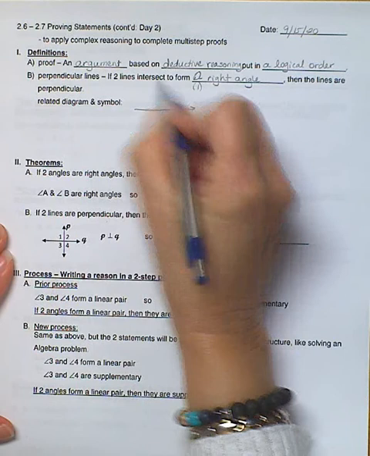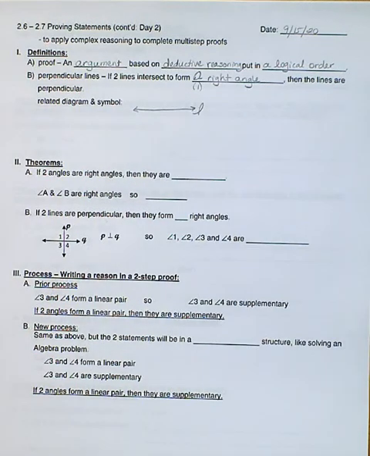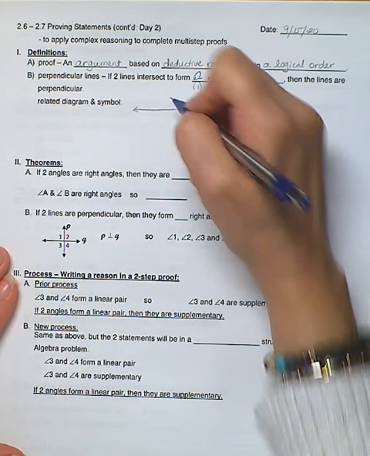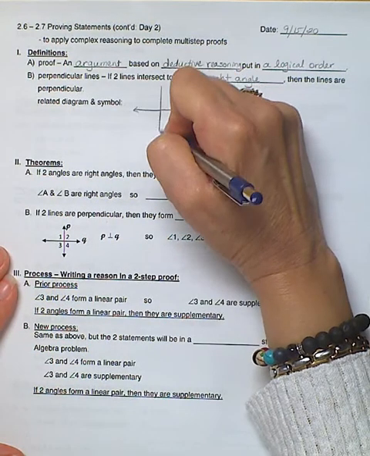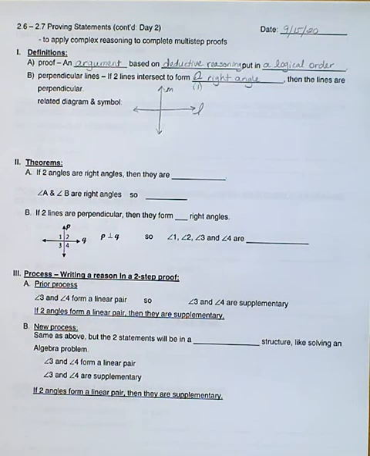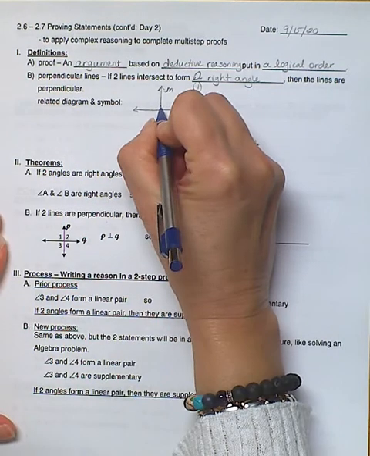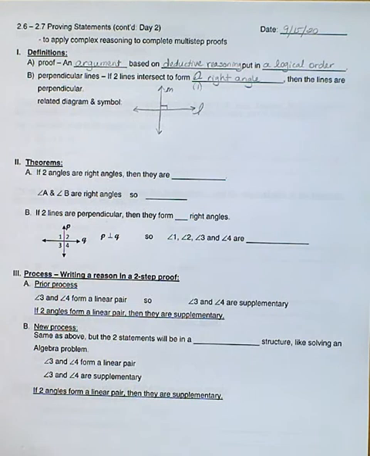So I have a horizontal line, which we will call line L. Remember that lines are lowercase script, and a vertical line, which we'll call line M, lowercase script. And at this point, based on that picture, all I can say is, hey, they intersect. But the moment you see one right angle, and remember that's a right angle mark, now we know they're perpendicular.